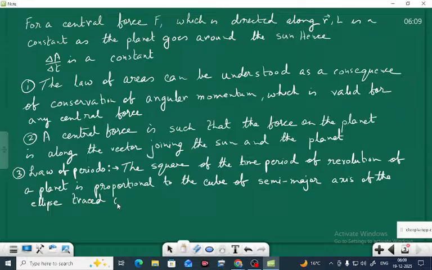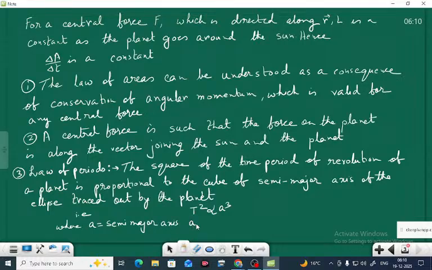So we can say that T squared is directly proportional to a cubed, where a is equal to the semi-major axis, and T is equal to the time period.